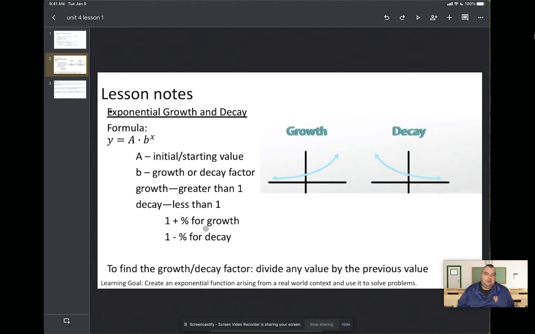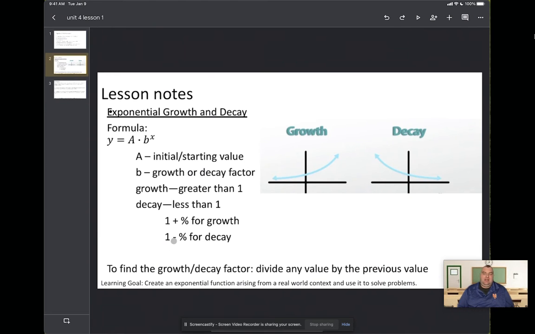An example would be if you're growing by 5%. 5% as a decimal is 0.05, so the growth factor would be 1 plus 0.05, or 1.05. If it were going down by 5%, so an exponential decay situation, your decay factor would be 1 minus 0.05, which is 0.95.